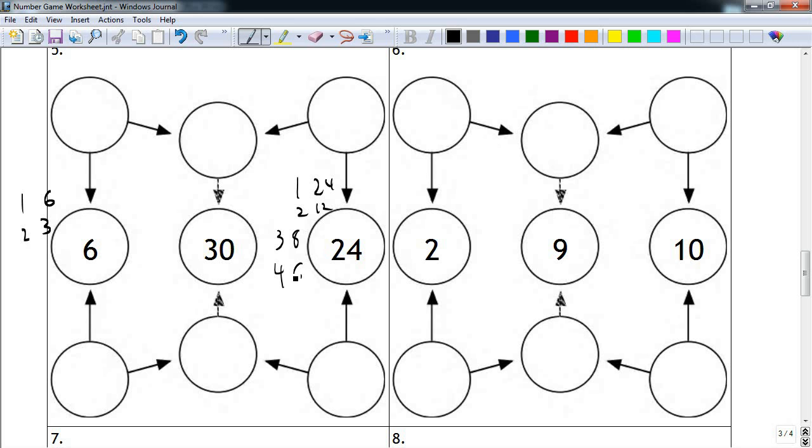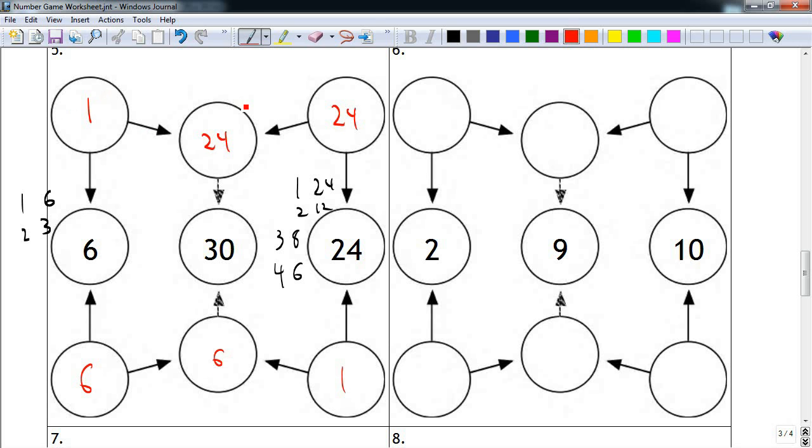There we go. So try to come up with a combination of numbers that when I multiply them together and add them up gives me 30. And in this particular example, a couple of options will work. You might have figured out that if I put 1 here and 6 here, because 1 times 6 is 6, and I put 24 here and 1 here, that I'm going to get 24 and 6, which adds up to 30.